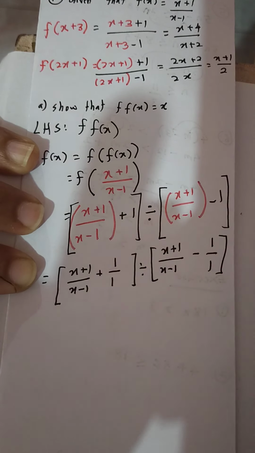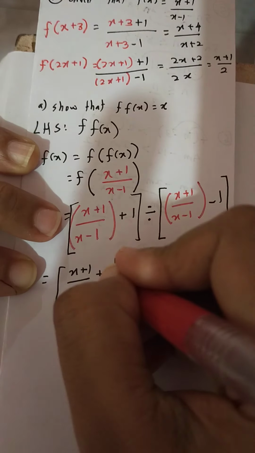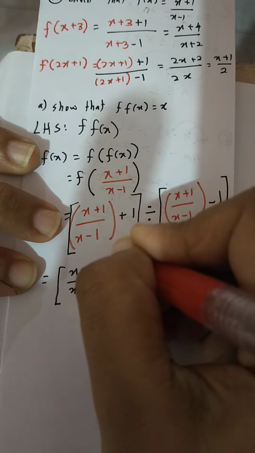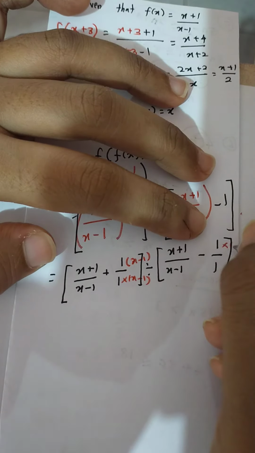When you want to subtract fractions also, the denominator must be the same. So now you have x minus 1 here, so you will multiply this by x minus 1, this also by x minus 1, and same here. I will open this.